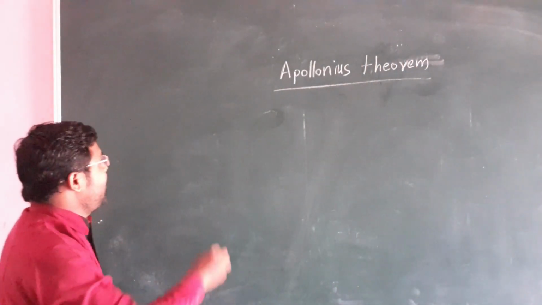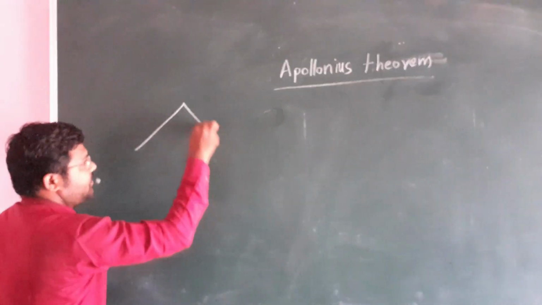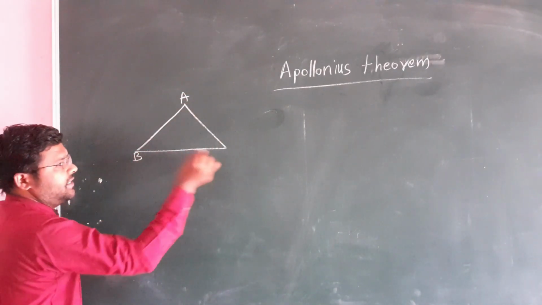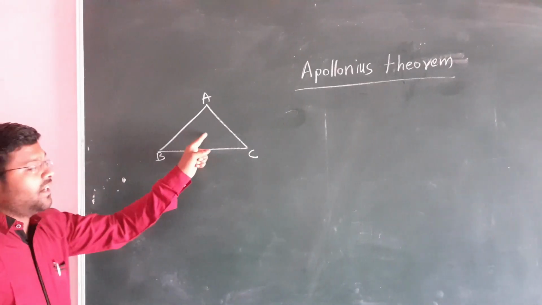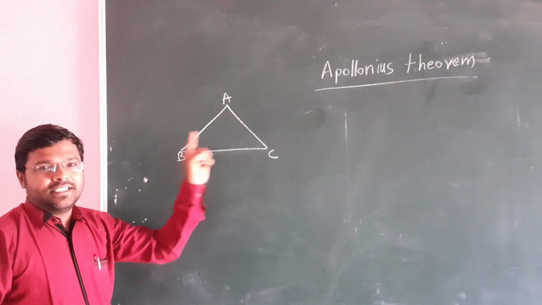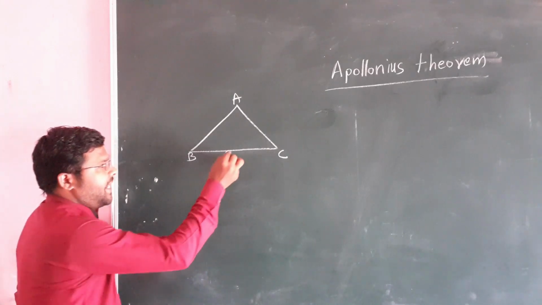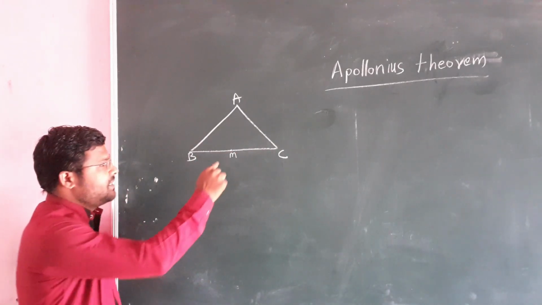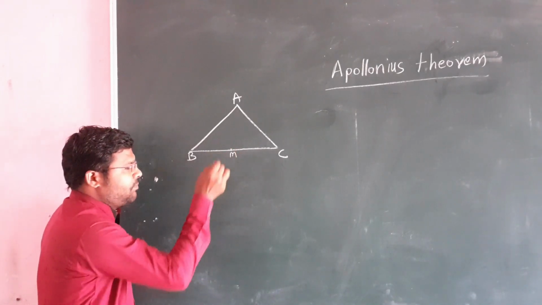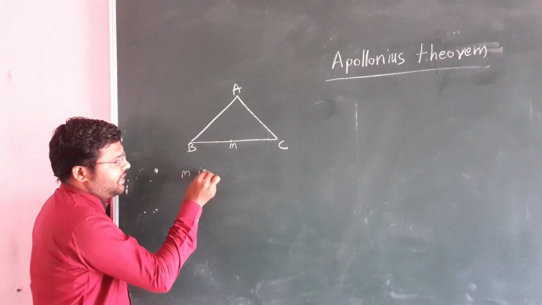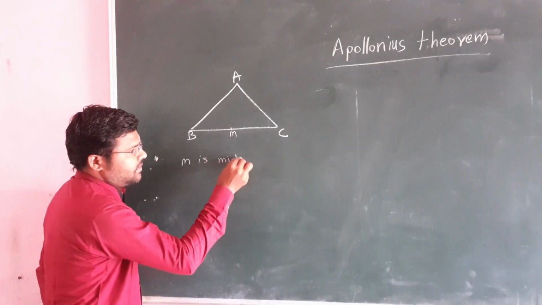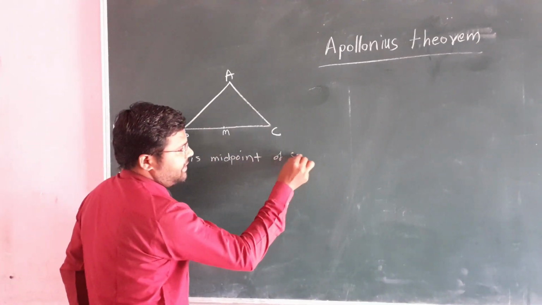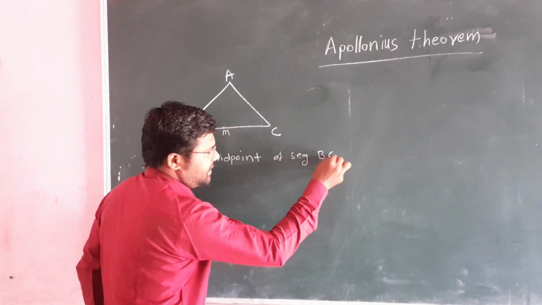Okay, so I draw here a triangle and give it the name ABC. In the figure, triangle ABC, M is the midpoint of segment BC.